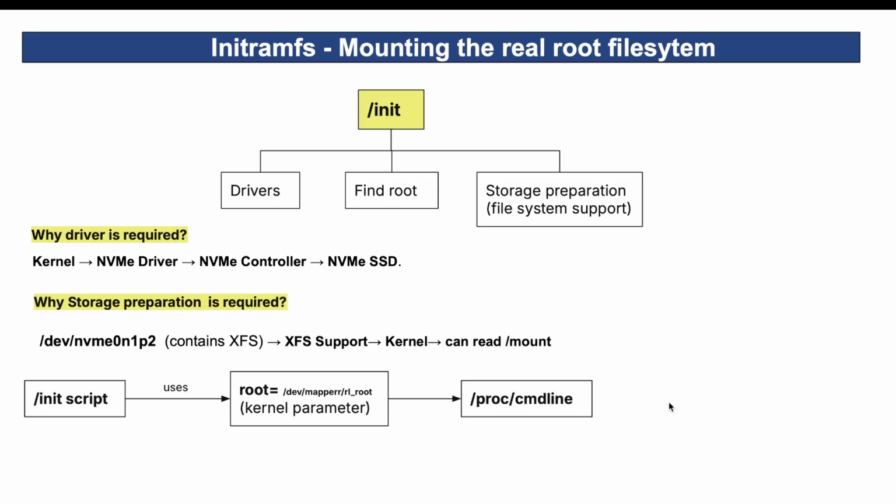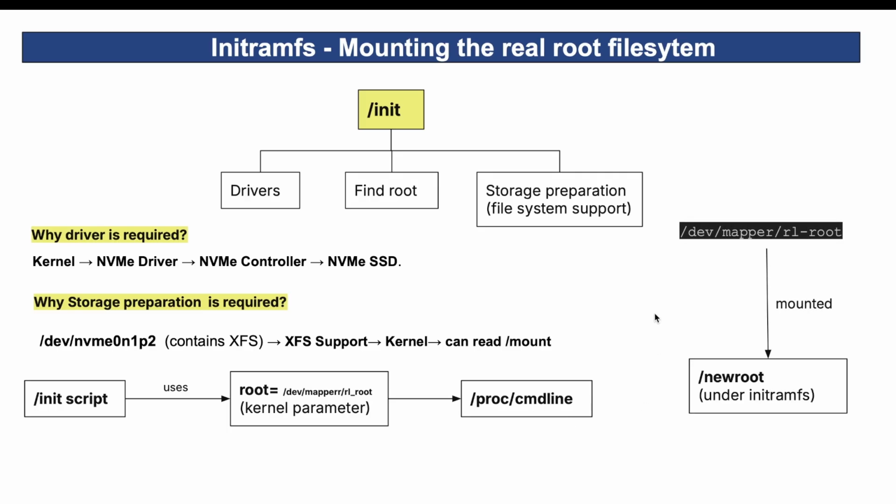Okay, so now everything is ready. Init has located the real root file system, and it is temporarily mounted within the initramfs environment. We can say that it is mounted at /new_root right now. It is very important to understand that the real root file system is located and mounted, but it is currently not on /root.